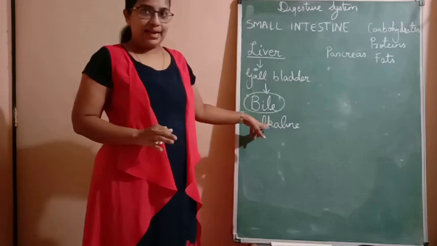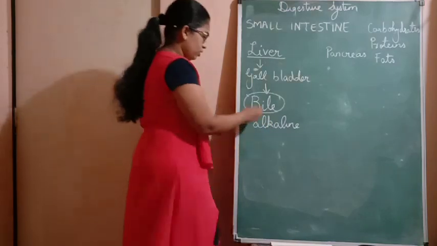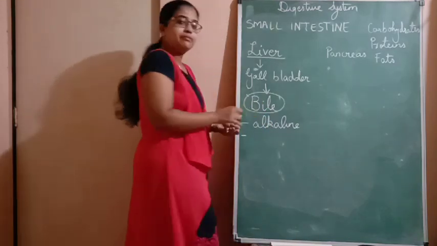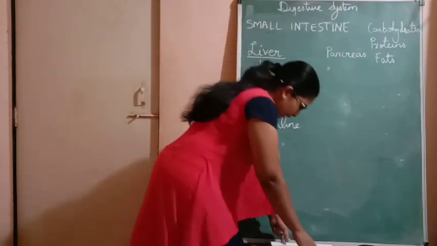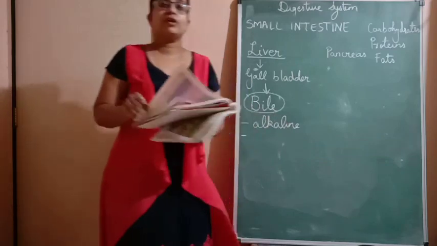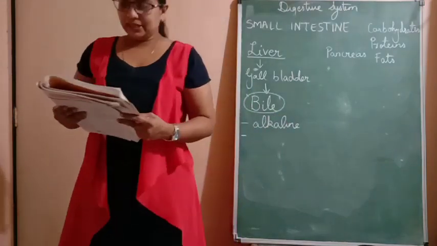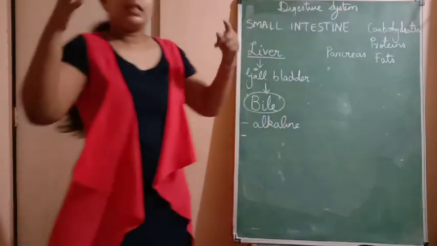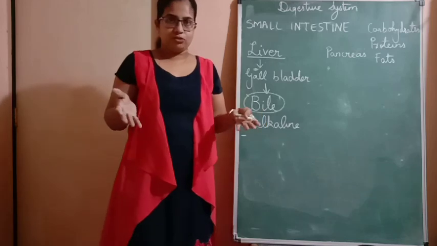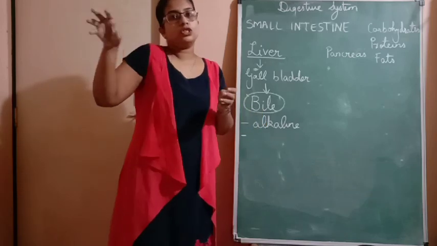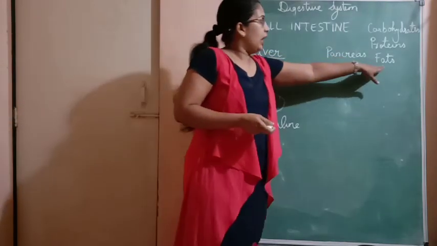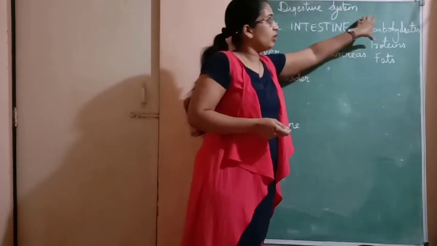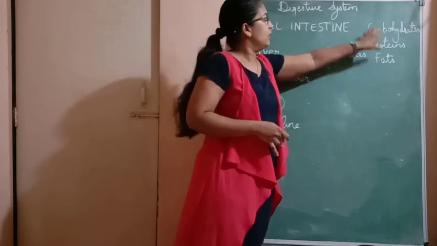Also, bile helps in emulsification of fats. What do you mean by emulsification of fats? It means the larger fat molecules are broken down into smaller fat molecules. So we are not finished, we are in the process.